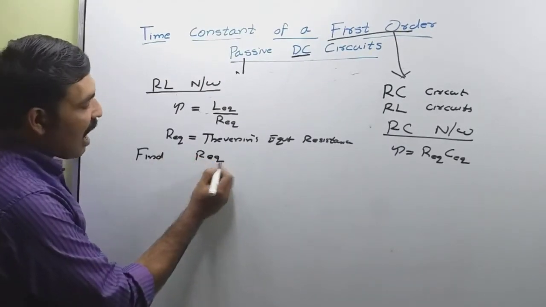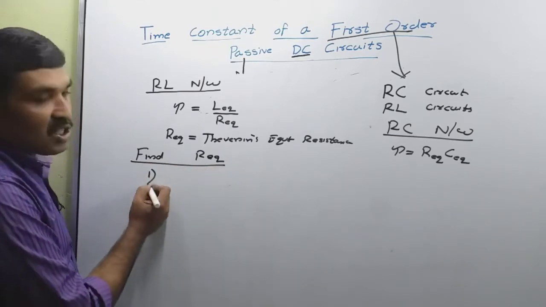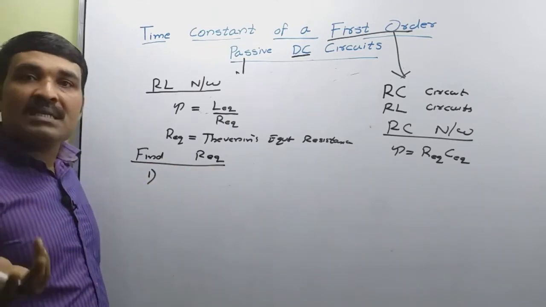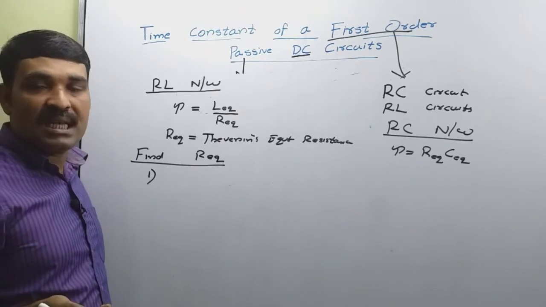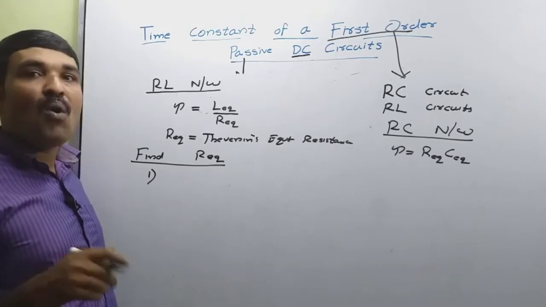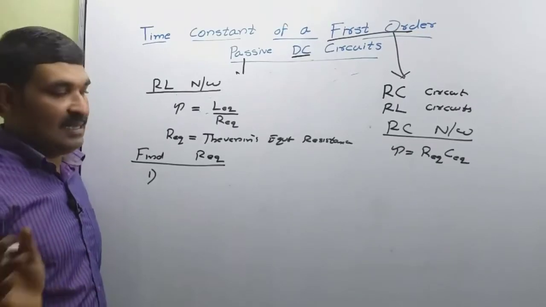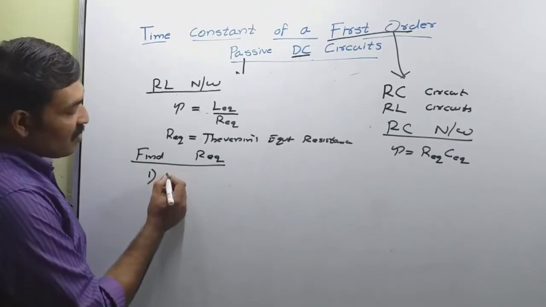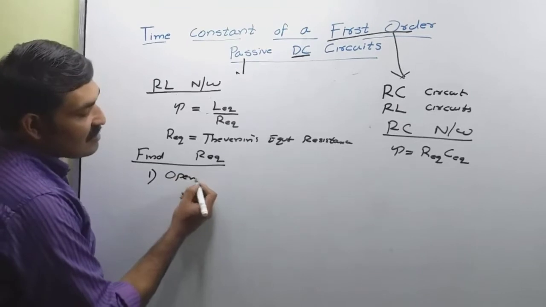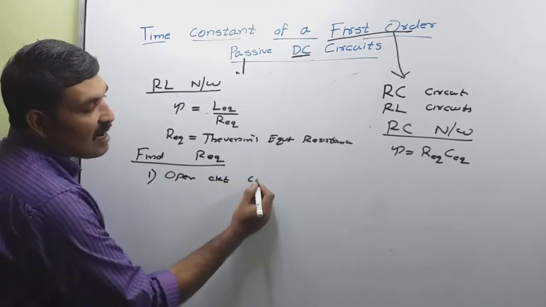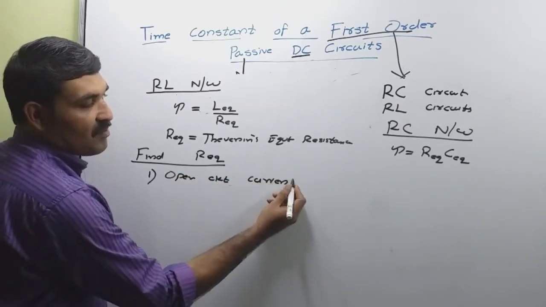For finding R equivalent, first we have to open circuit all current sources, short circuit all voltage sources and disconnect all inductance. So step 1 is open circuit the current sources.